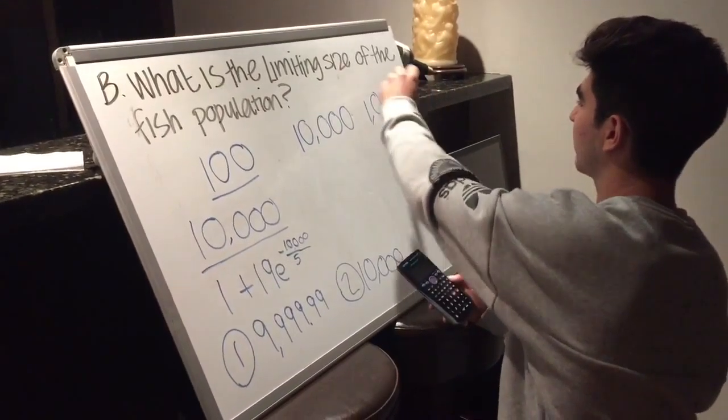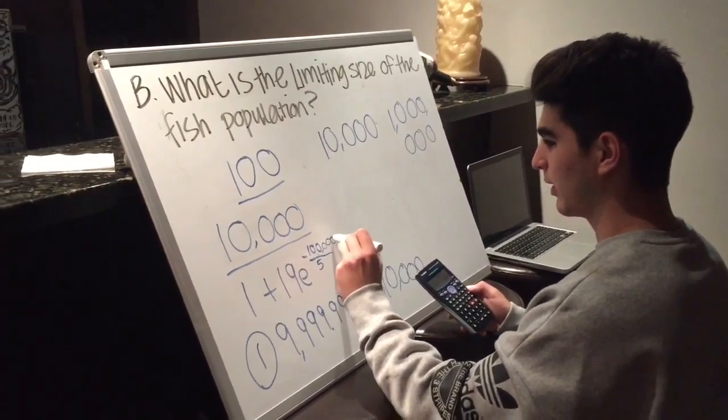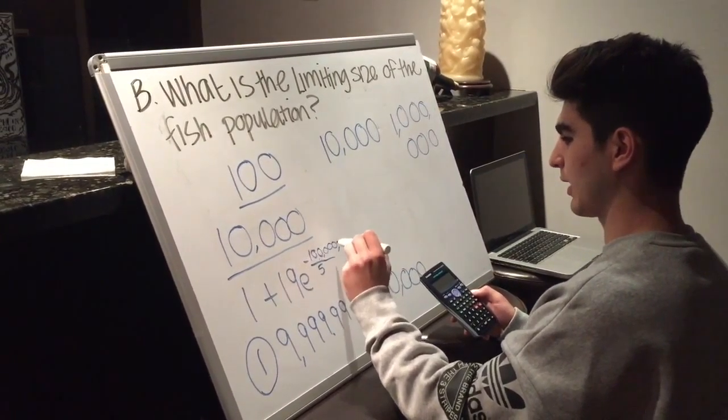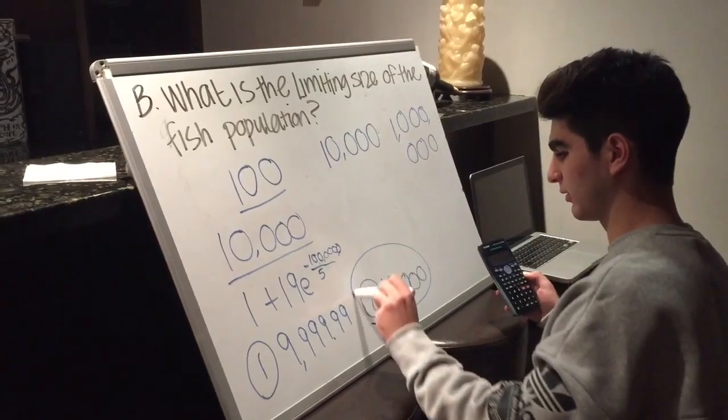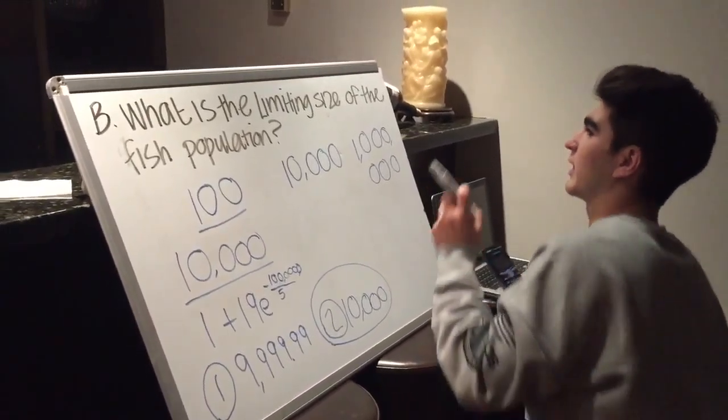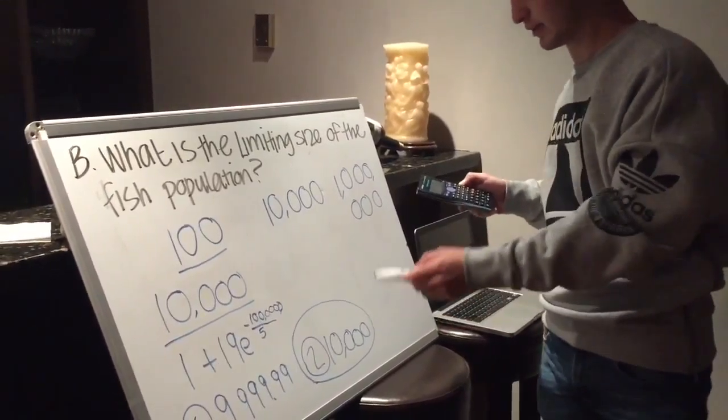And for the third value, we do exactly the same, and we conclude that our answer is still 10,000. So we can conclude that the limiting size of the fish population is 10,000.